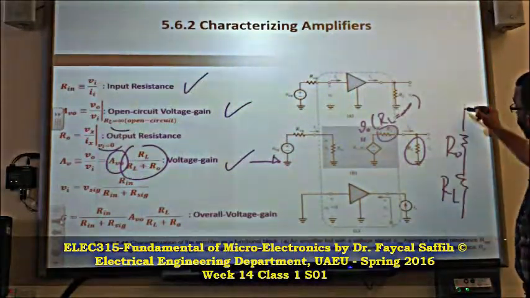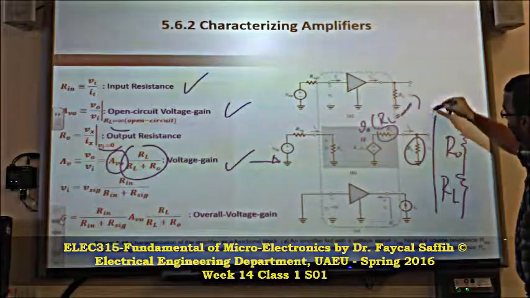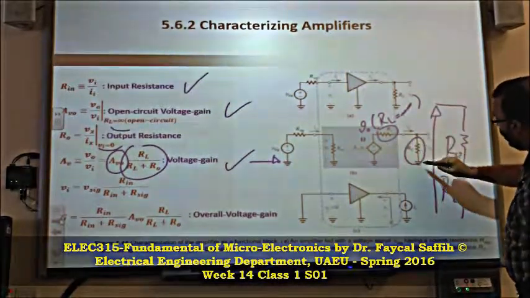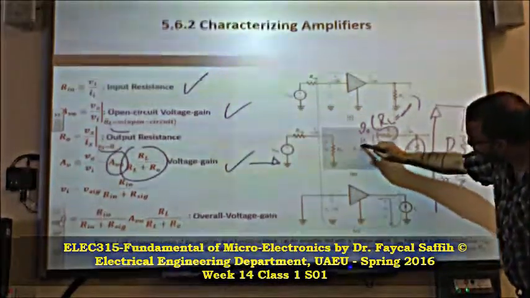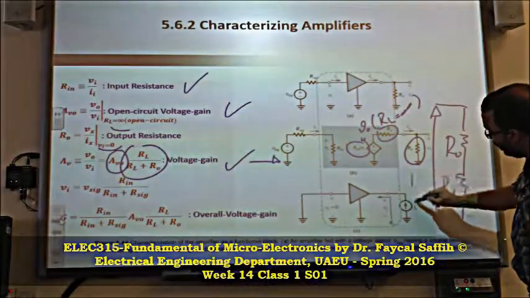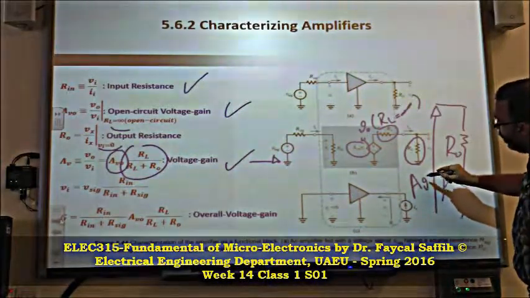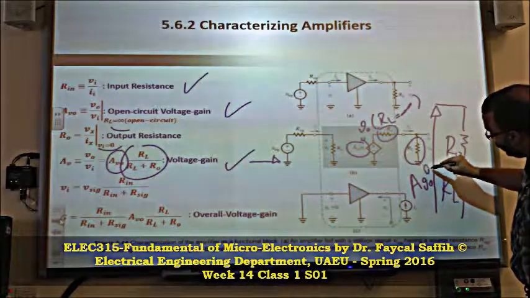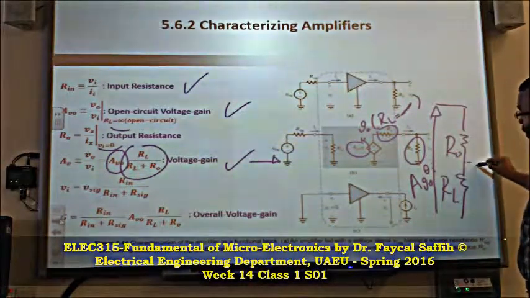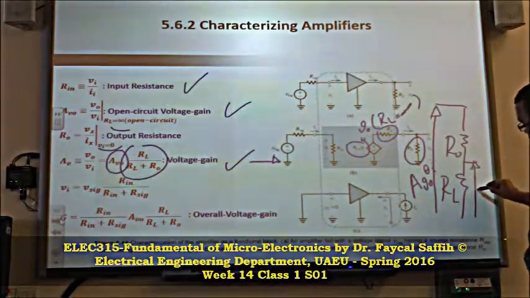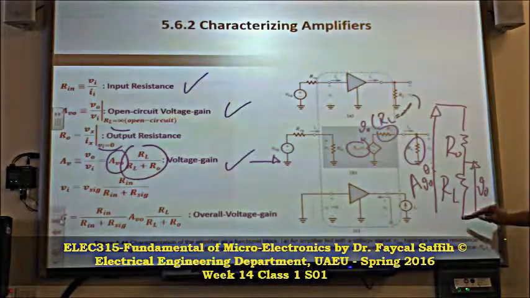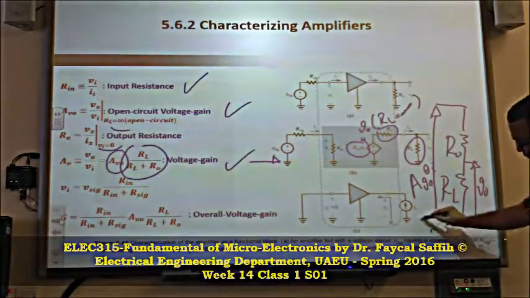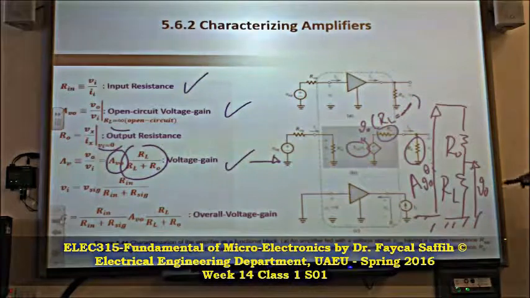This voltage, from the ground to this point, is Av0 times V input. And the output voltage is across RL, with the common ground everywhere. This is, as Bilal mentioned, a voltage divider.